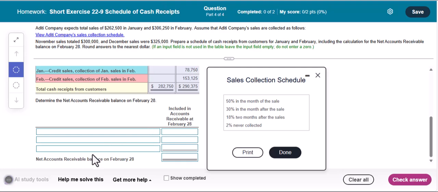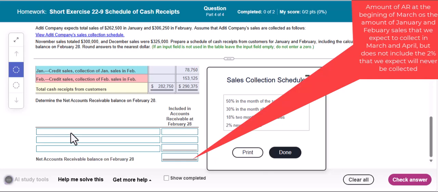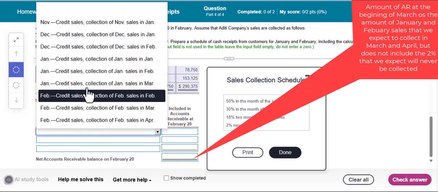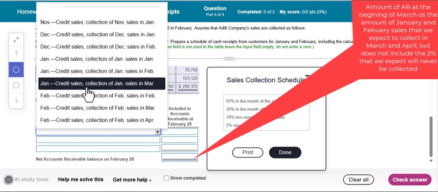So remember, this is net AR at the end of February or the beginning of March. However you want to say it, it represents how much we have not collected yet. So for this first part here in the net AR balance for February 28th, that is going to be January credit sales, collection of January sales in March.